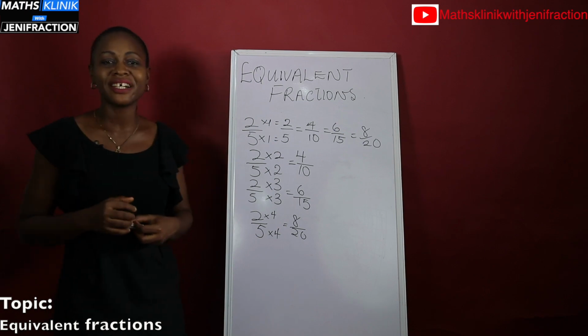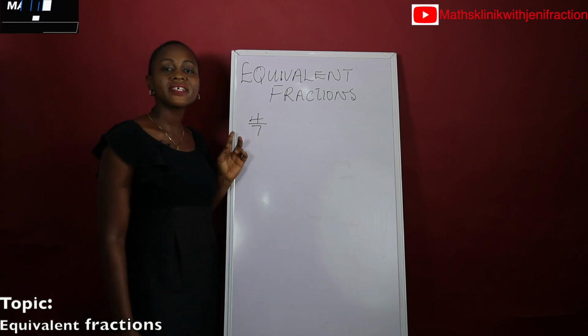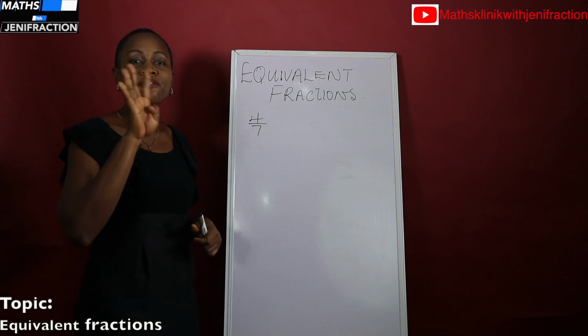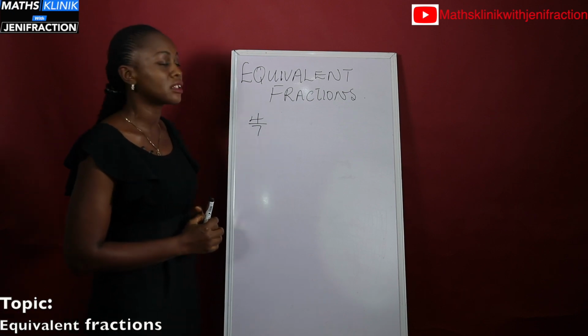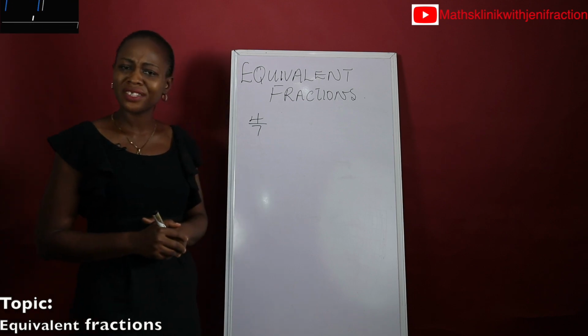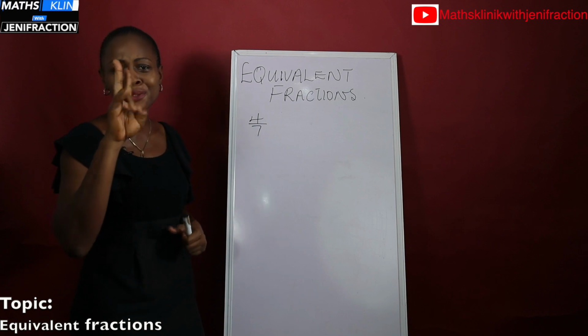Now let's take another example. The next fraction we're going to do is 4 over 7. We want to find 4 more equivalent fractions of 4 over 7. So what number do we start with? We start with 2.